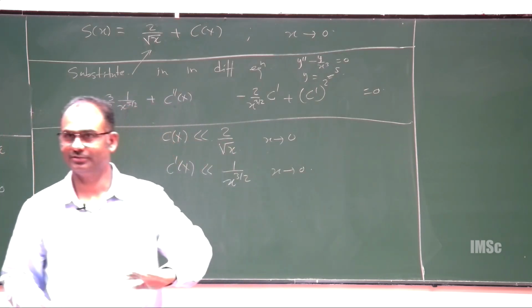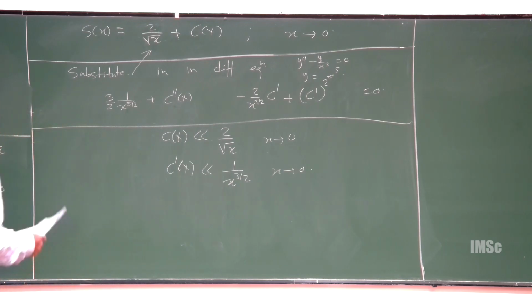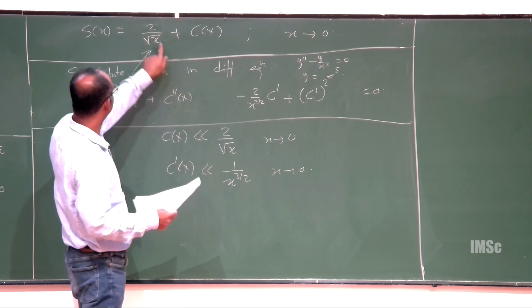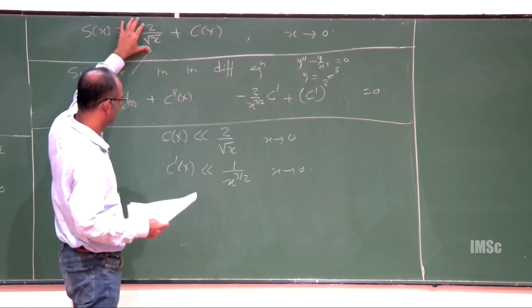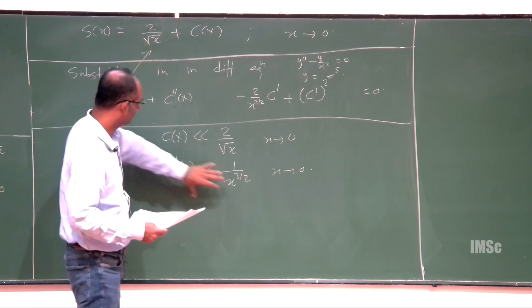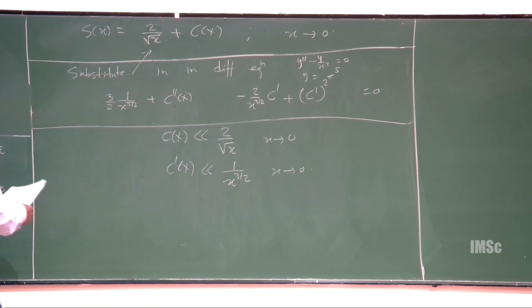But I'll proceed as if they are perfectly fine, no issue with them. So C should be much smaller than 2 over root x because that was the leading behavior we were already taking, which means the derivative should be much smaller than 1 over x to the 3 halves.